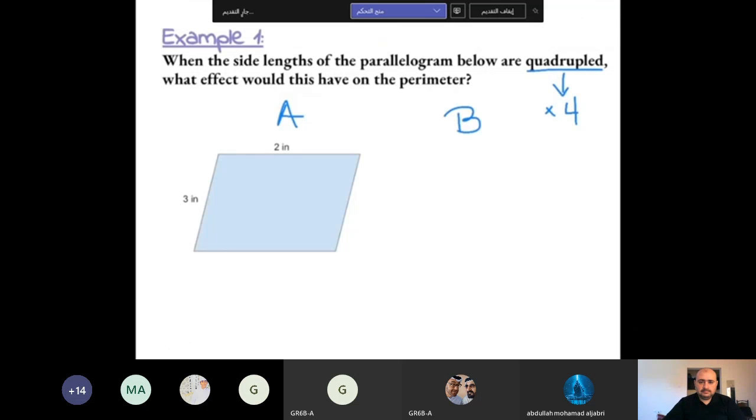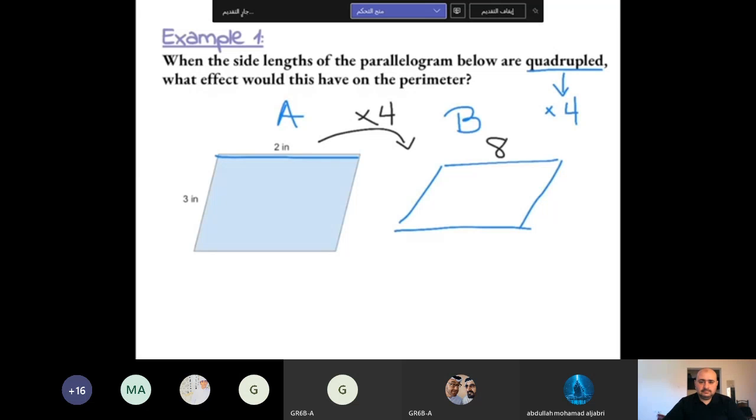If we had a figure B where the sides of the parallelogram are quadrupled, let's see what our perimeter would be. So this side, which is 2 inches, would be quadrupled, or times 4, which would be 8. And this side, which is 3 inches, would also be quadrupled, or times 4, which gives us 12.